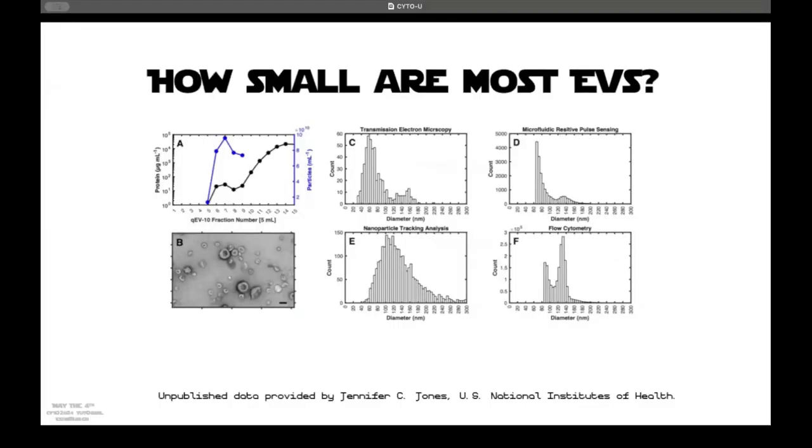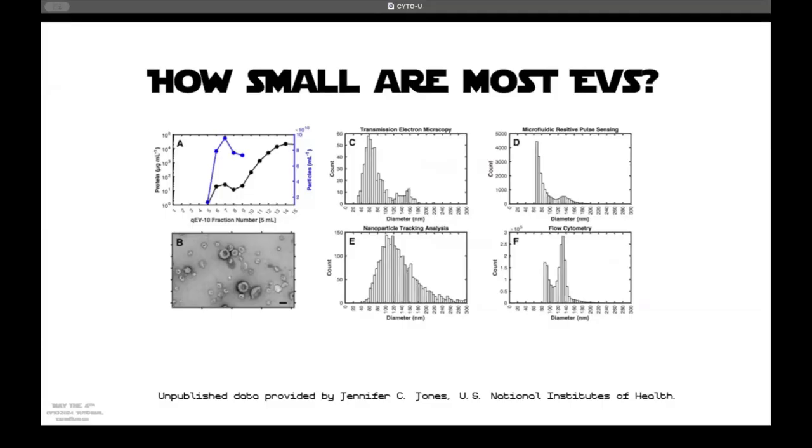So this slide shows some commonly used analysis methods, and they're all analyzing the same sample of dendritic cell-derived EVs. And these have been isolated with a QEV column, and you can see the isolation fractions there from 5 to 8. You can see the diameter distribution measurements, even though these are the same samples, are fairly different between characterization methods.